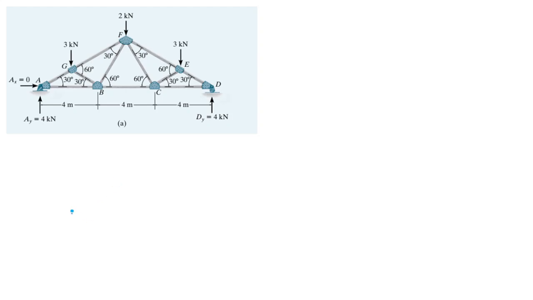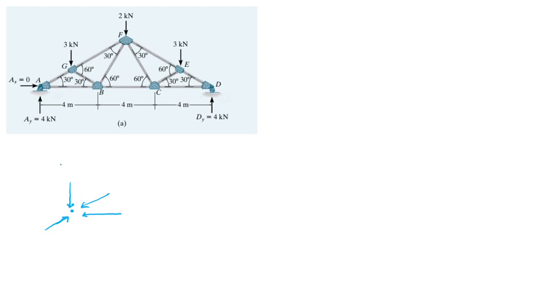There is a 3 kilonewton force acting on joint G, and we have our 8 kilonewton that we've just gotten coming as AG from this point, and we have this force FFG, and then we have this force FGB.